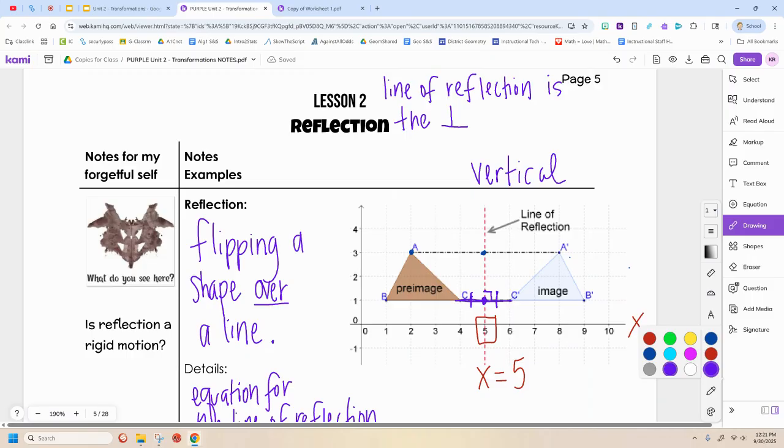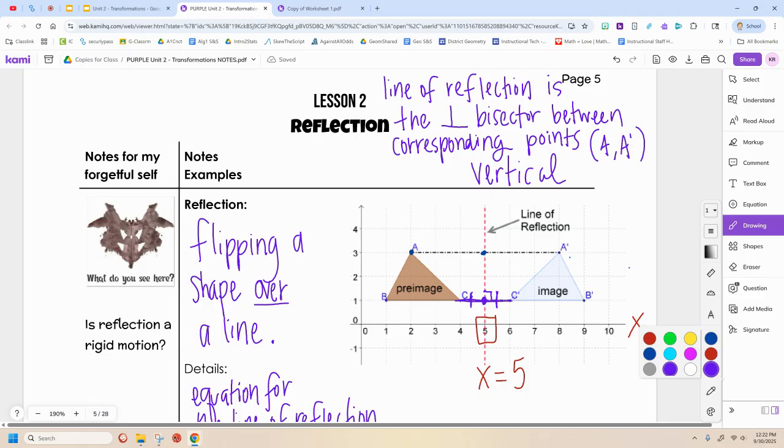Perpendicular bisector between corresponding points. I'm just going to put A, comma, A prime. Those are corresponding points.